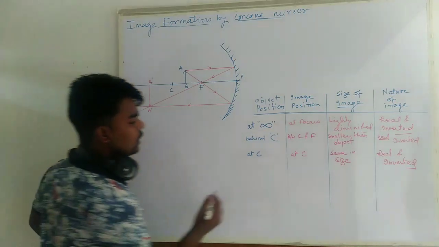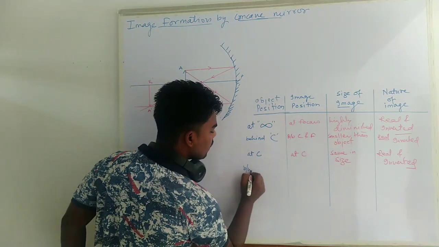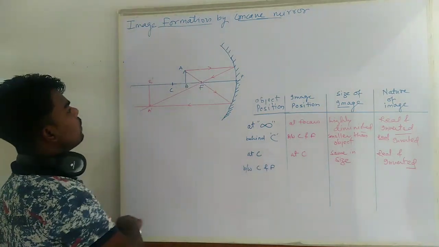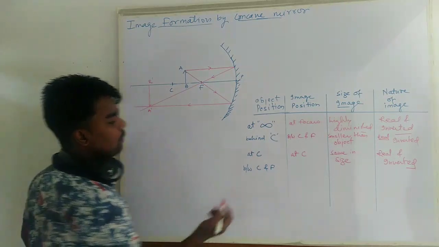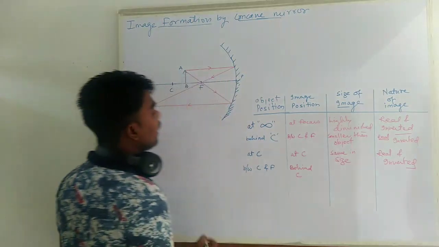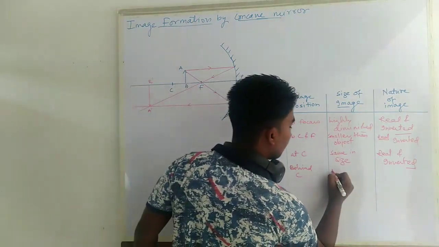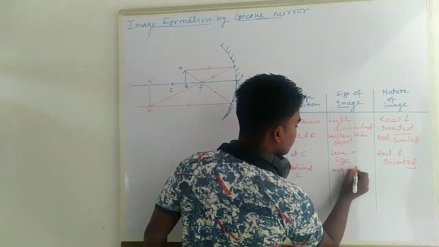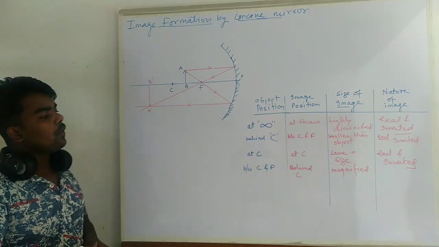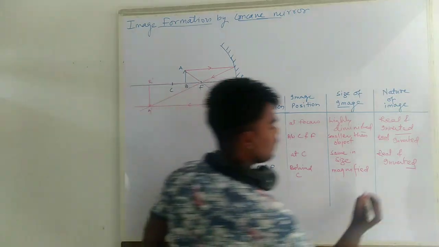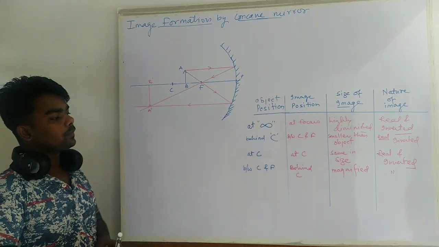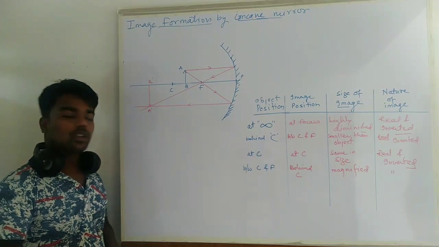So if an object is placed between C and F, then the image will form behind C. And what will be the size? Magnified, you can say. Size is greater than the size of the object. Nature, again, real and inverted. Okay, so that was the fourth case.